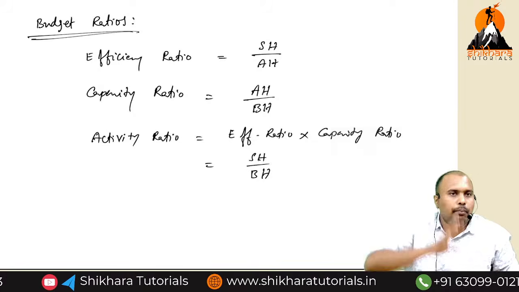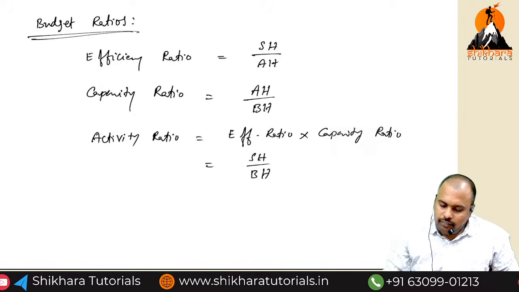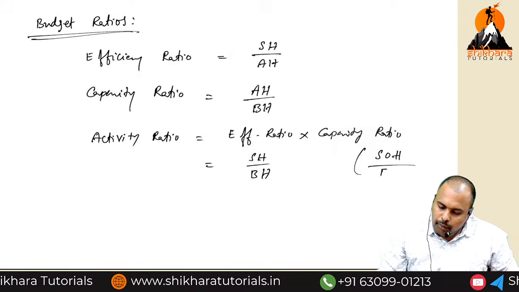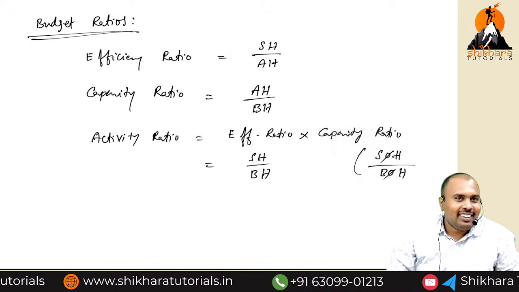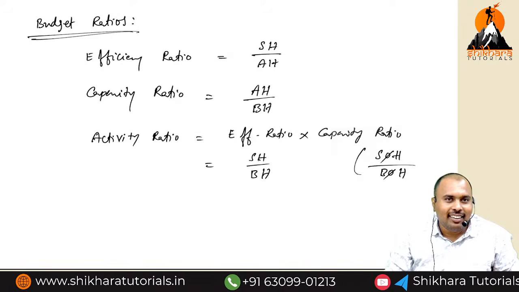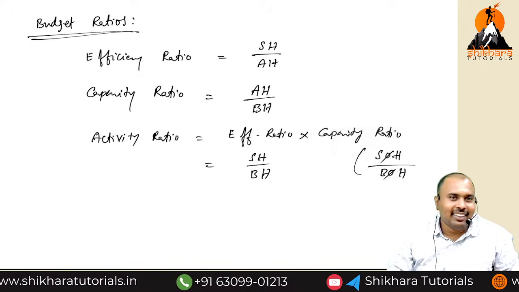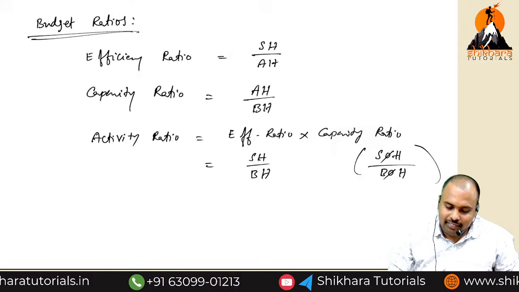SH by BH. That's it. Clear? Usually it has to be SOH by BOH, zeros cancel. In mathematics, we should not cancel when 0 is in between two numbers. But still, that is the logic here. That is SH by BH.